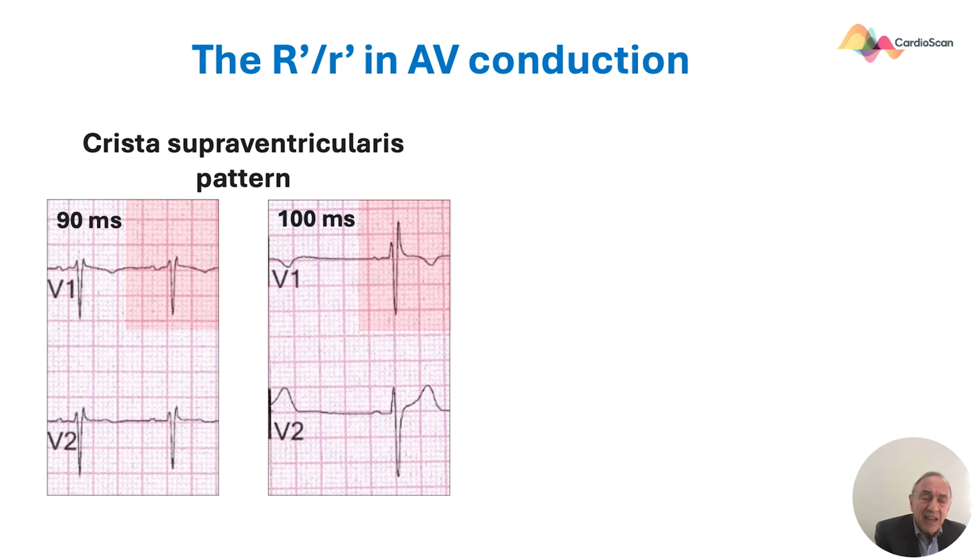And you can see here with this illustration, particularly on the right with 100 milliseconds, there is a dominant, although very narrow, R prime. This is called a crista supraventricularis pattern.